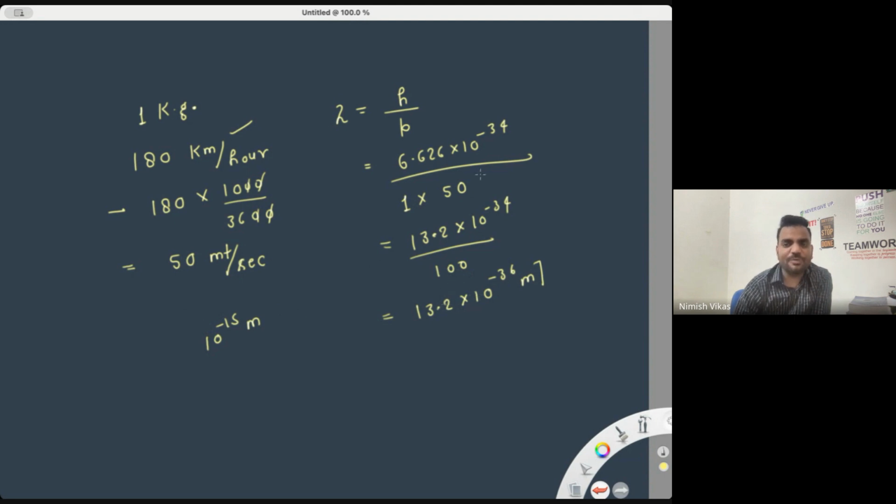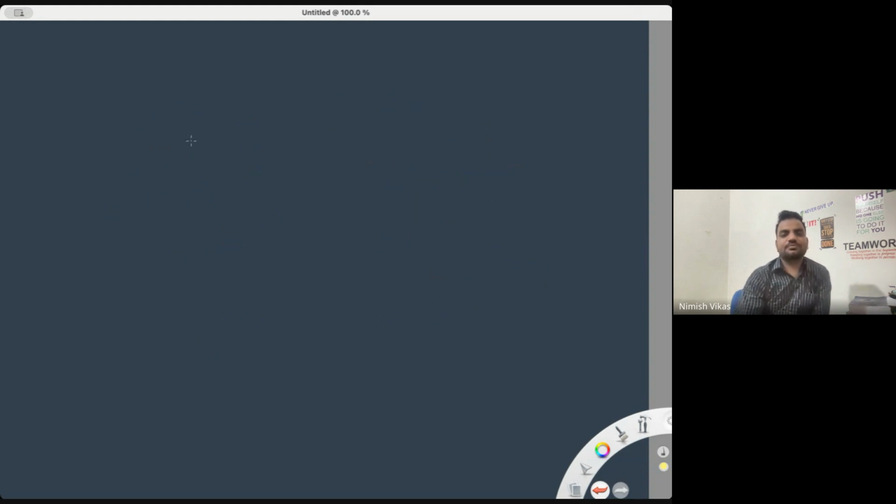But let's see a microscopic object like an electron. Let's say there is an electron moving in the first orbit of the hydrogen atom. In the first orbit, the velocity is 2.18 × 10^6 meter per second.